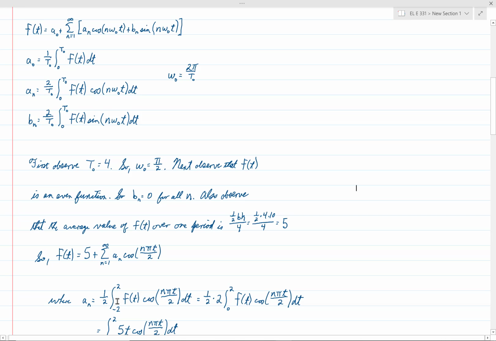And when you integrate an even function over symmetric limits, what you can say is that that's equal to twice the value of the integral of that same function over just half, the right half of that region. So notice that I've changed the lower limit from negative 2 to 0, and I've put an extra 2 out here in front.